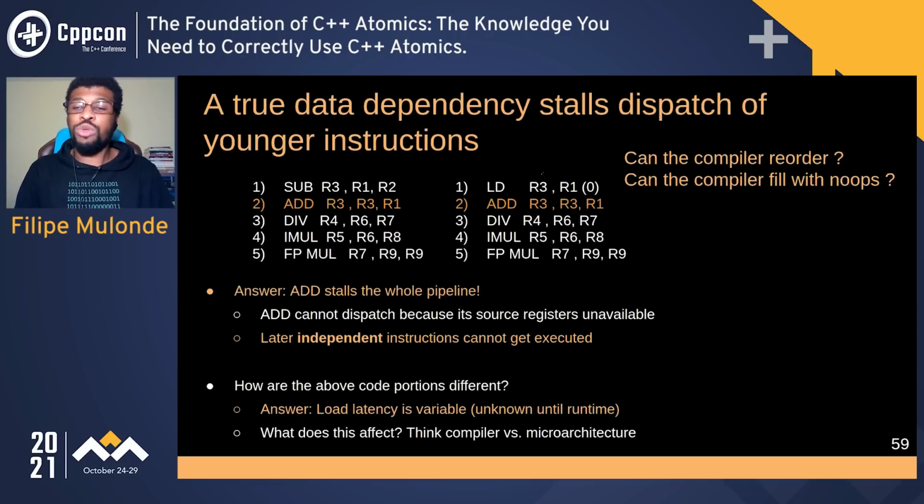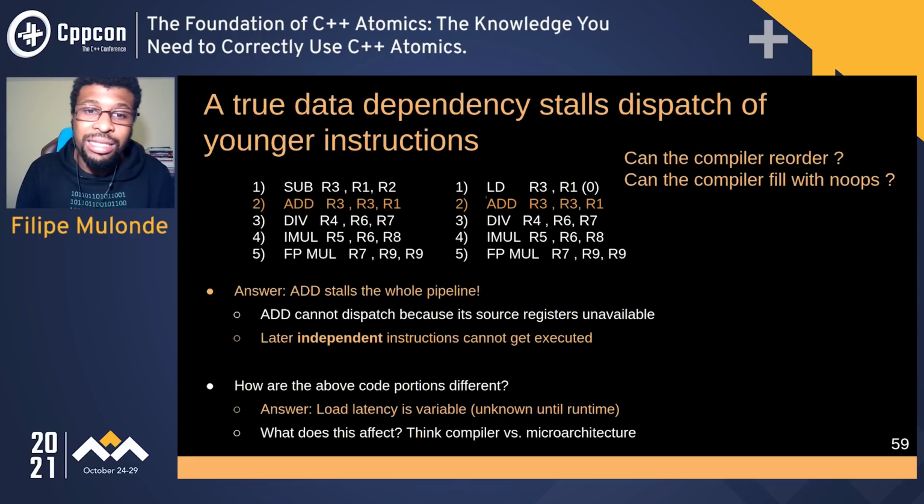The other example is with a load. A load instruction can take hundreds of cycles to complete. So here we have a load instruction that is loading to register number 3, and the second instruction will read register number 3. So here we also have a true dependency. The problem is that we cannot dispatch instructions number 3, number 4, and number 5, even though we have functional units available.